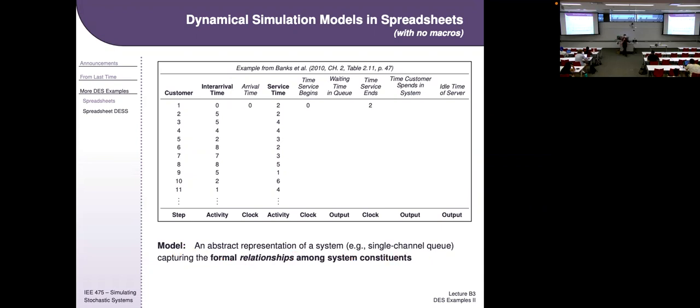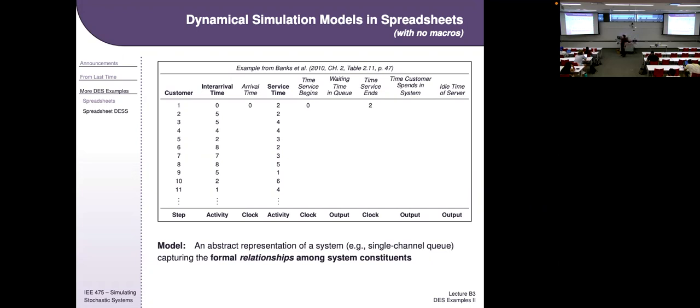So this relationship is the key thing here: we're going to need to fill in the relationships across time. Rather than thinking of updating states from one step to another, we have to say, what is always true about the state variables in the next time step relative to the current time step? If we can capture those relationships, then if we fill down, we will get a discrete event system simulation, even though we didn't formally move from step to step, from time to time.